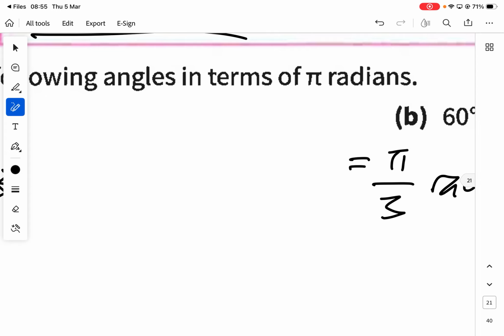Okay, you can see actually, once you get the hang of proportion, it is not very difficult, this first part.